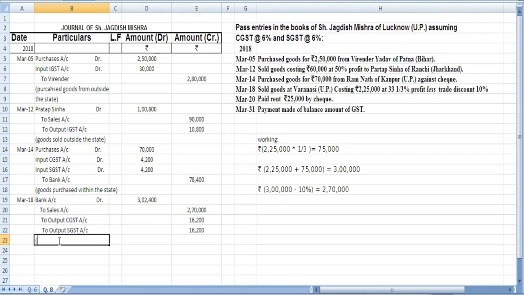So narration will write here sold goods within the state.